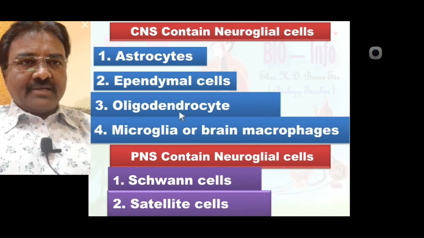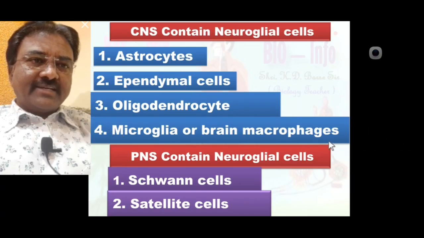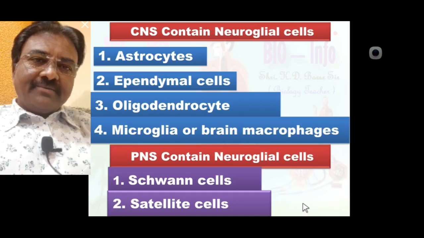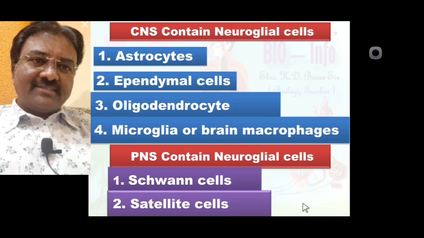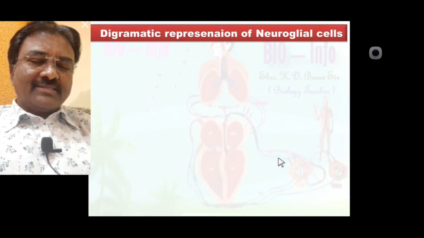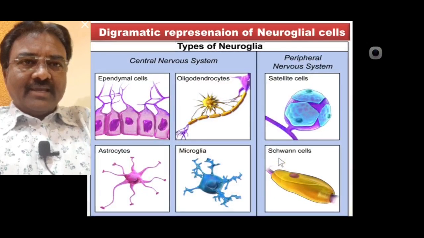Total 6 different types of neuroglial cells. Some are present in the central nervous system, some are present in the peripheral nervous system. Which neuroglia cells are present in the peripheral nervous system? Schwann cells and satellite cells. Now we see a diagrammatic representation of all neuroglial cells. Seen here, types of neuroglia.